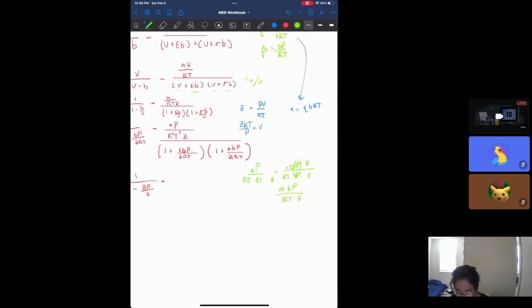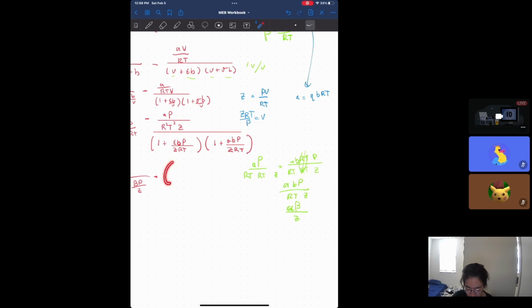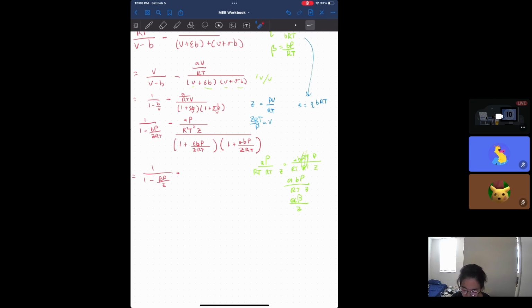We can now spot a value that is equivalent to beta. So this cleans up to a times beta over z. Okay? And when we plug that in, we can bring z down to the denominator. So let's go ahead and do that.